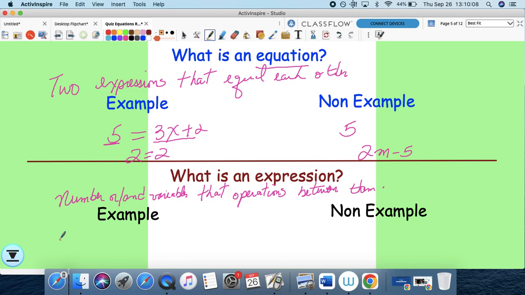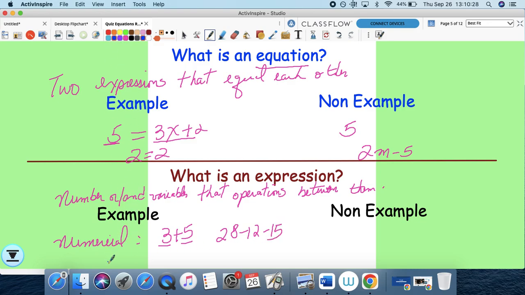Right, so an example of a numerical expression: 3 plus 5. It's an expression, two terms, and it has 3 plus 5. Another example, 28 minus 12 minus 15 is another example of a numerical expression.